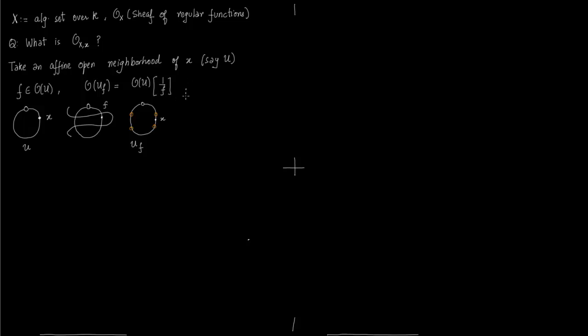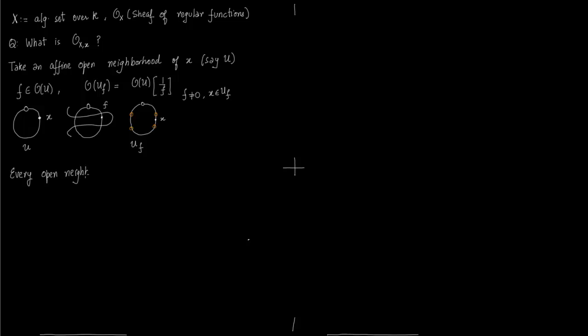O of U could have been cut by some other polynomial function, and we have already seen the construction process of how to get O of U before. So again notice that f of x is not 0 on U_f, because we have basically taken out the points of U where f is 0. So that is why f of x is non-zero for x in U_f.